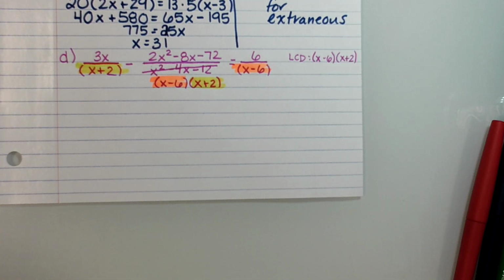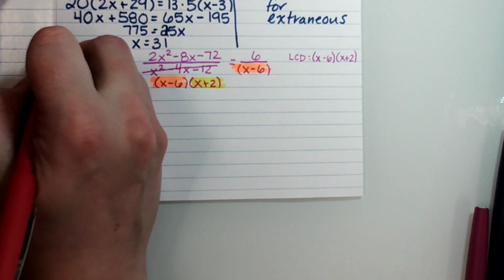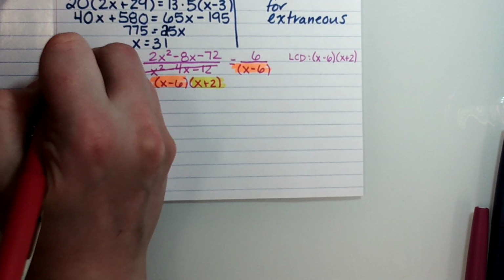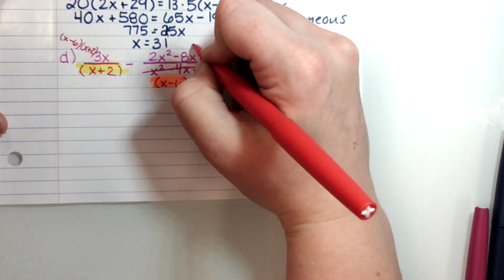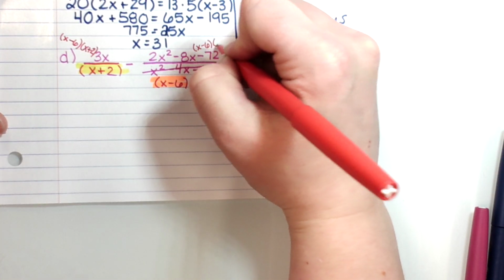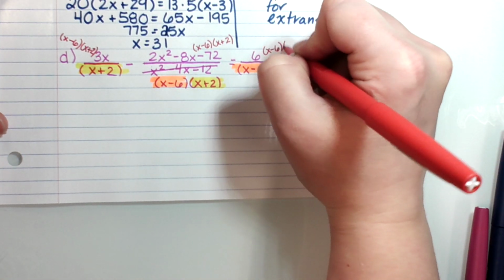After I find the LCD, when solving, I do what again? Multiply it by all of them. It's always going to end up on top. X minus 6, x plus 2. X minus 6, x plus 2. X minus 6, x plus 2.